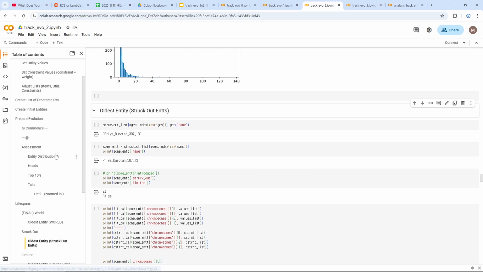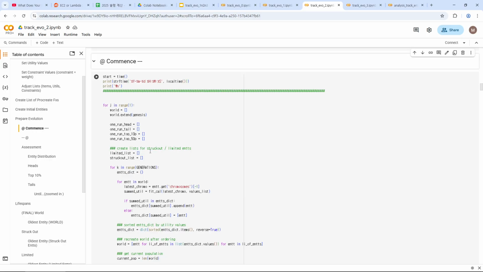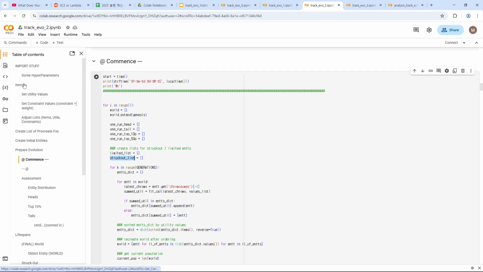And to do this, I had to instantiate these two lists. This is the limited list, and this is the struck out list.